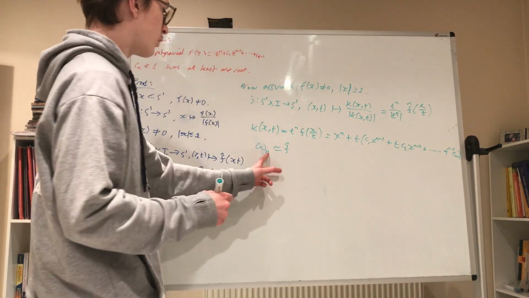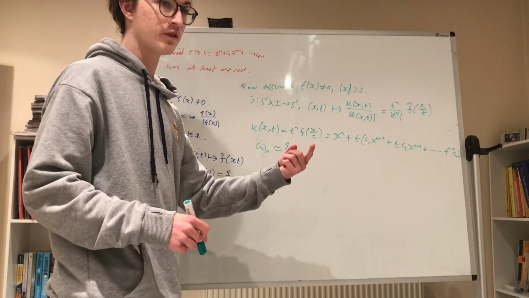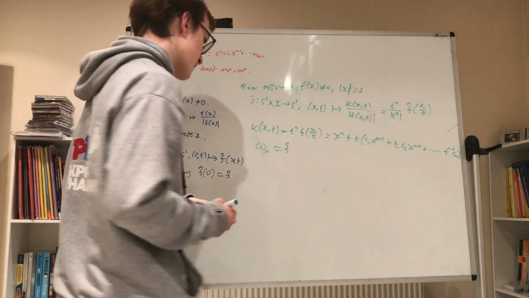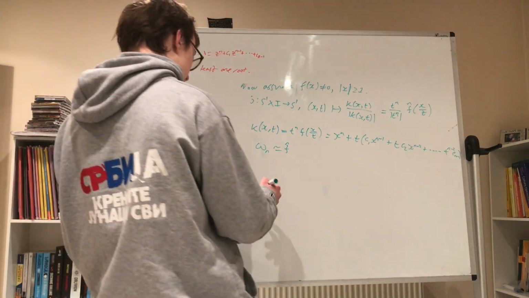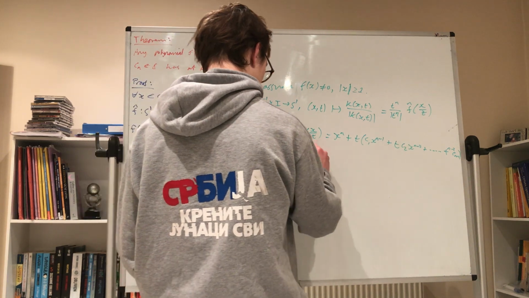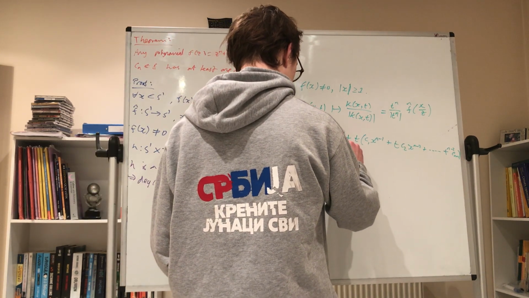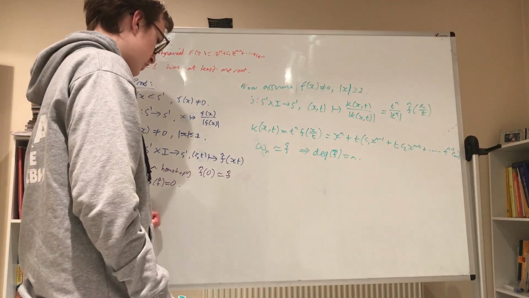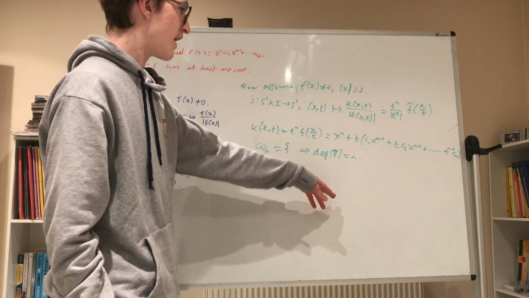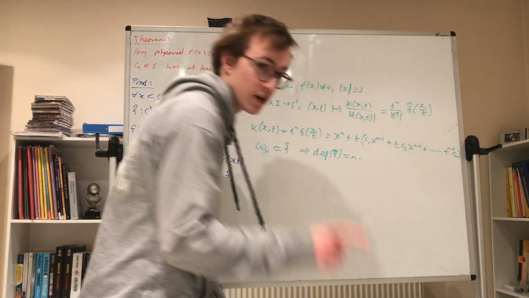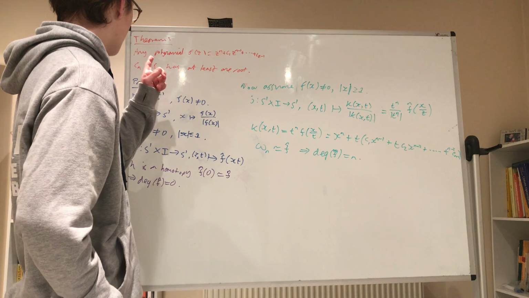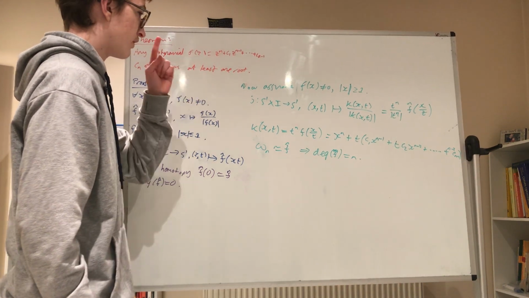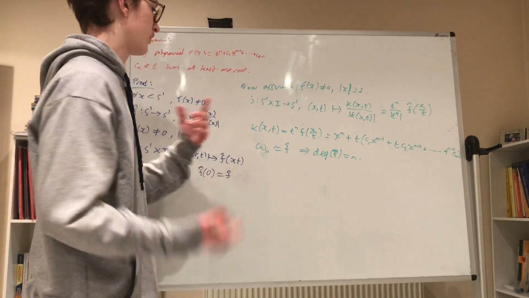However, we know that this loop going around n times has winding number n. So we could just say its degree is n. So we have that the degree of f hat is equal to n. But earlier we showed that the degree is equal to 0. And therefore the only time this is not a contradiction is when the degree of the polynomial is 0.